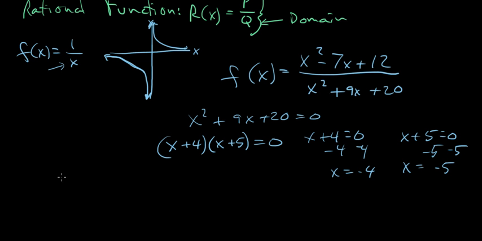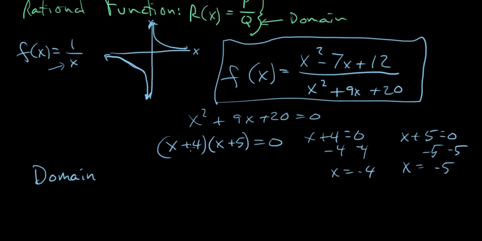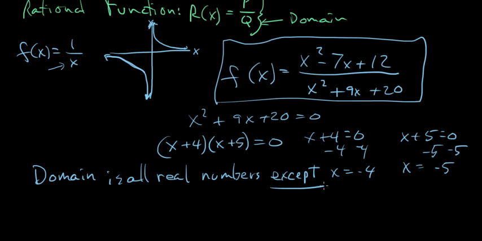So what we say here is that our domain for this particular rational function is all real numbers except, this is the most important word here, except x equals negative 4 or x equals negative 5.